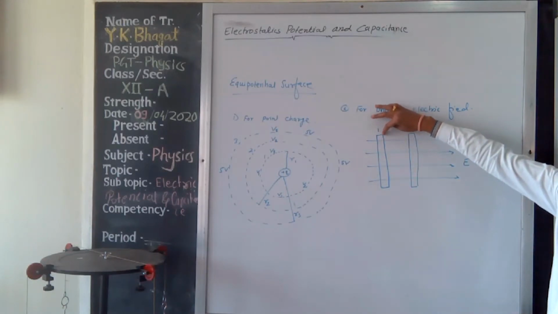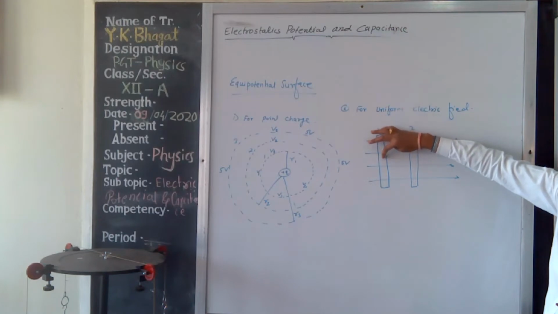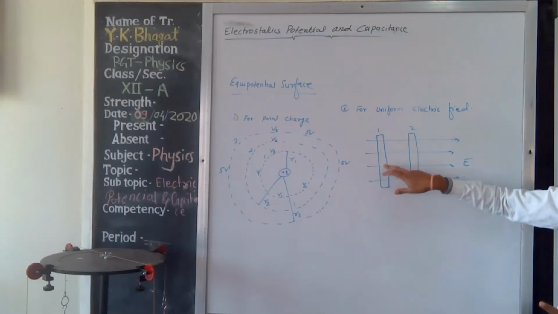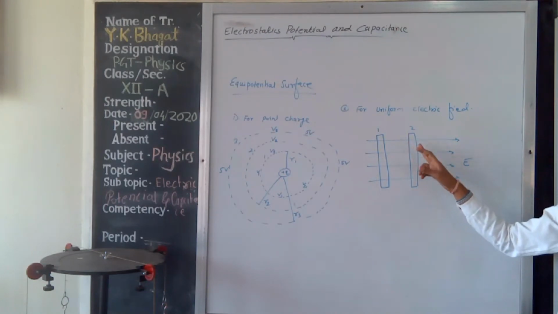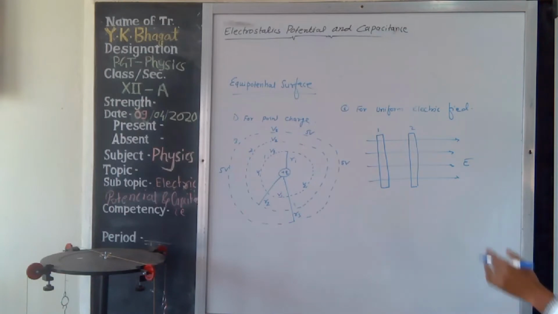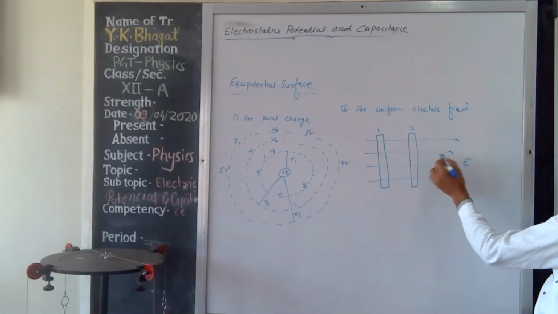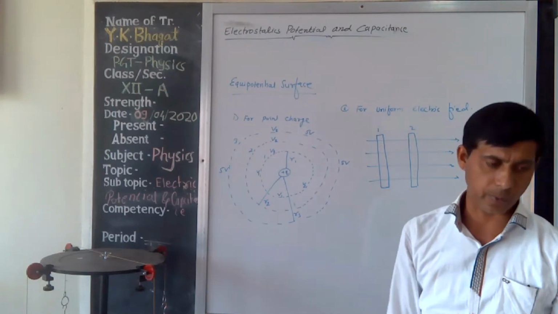Surface 1 has each and every point at the same potential, which means surface 1 is an equipotential surface, and surface 2 will also be an equipotential surface. The pattern of equipotential surfaces is of this type when the electric field is uniform.